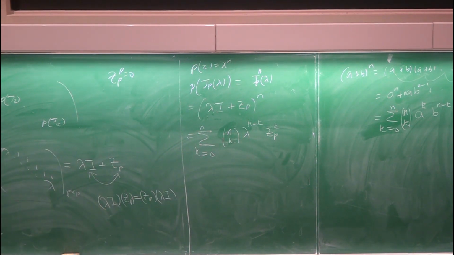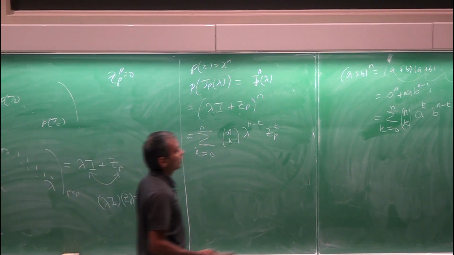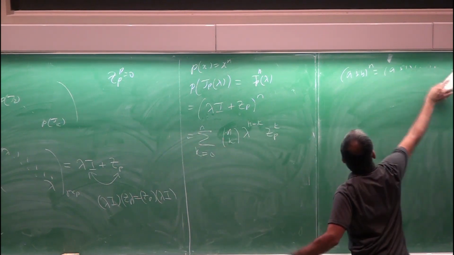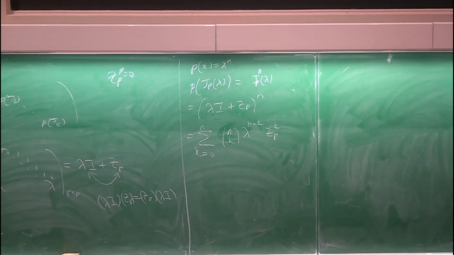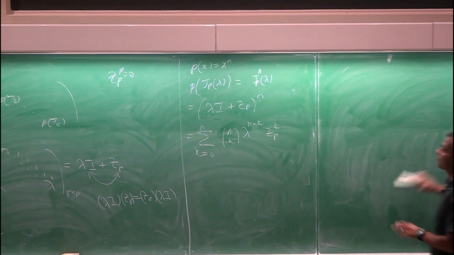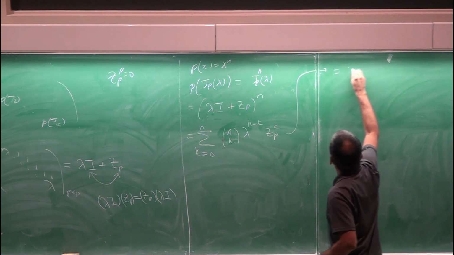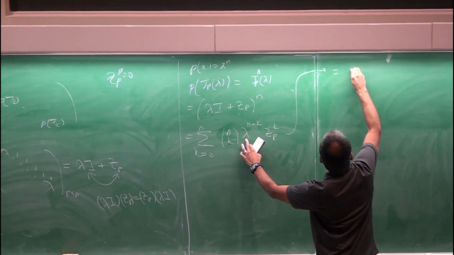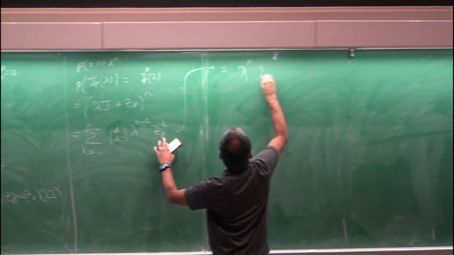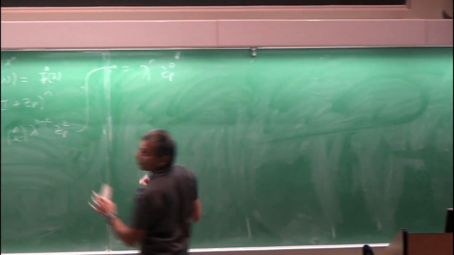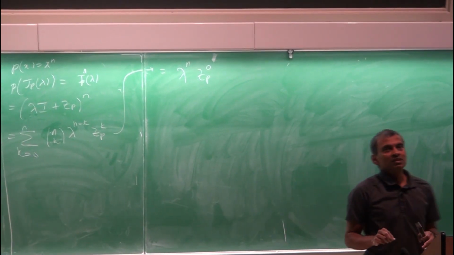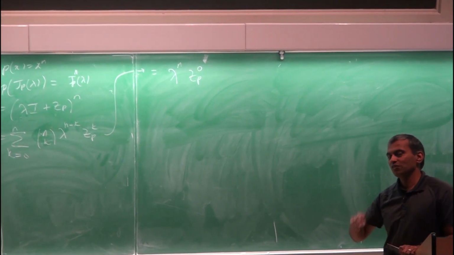Okay, so now we have this expression written out. We can write it out in more explicit form to see what it looks like. So if I write all this out now, the first term will be lambda to the power of n, Zp to the power 0, which is identity for us always, and n choose 0 is just 1.